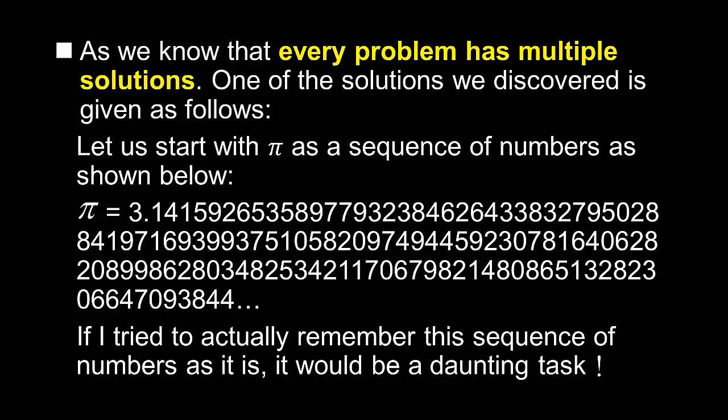As we know that every problem has multiple solutions, one of the solutions we discovered is as follows. Look at the sequence of numbers in pi. If I try to actually remember the sequence of numbers as it is, it would be a daunting task.